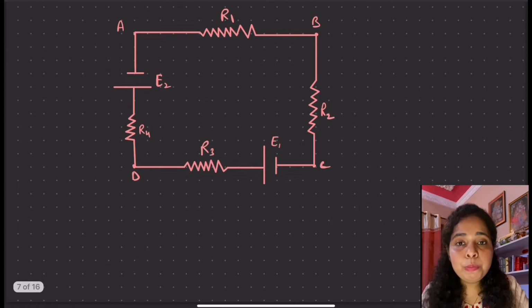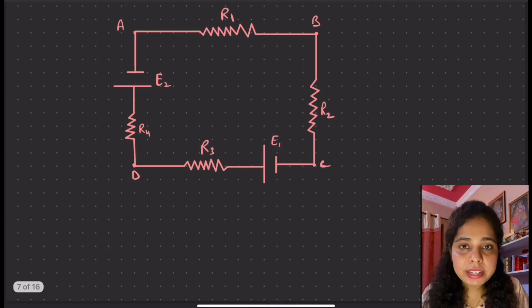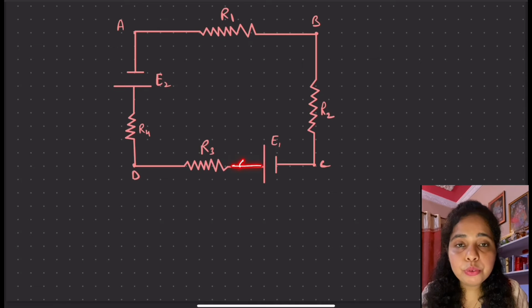So in this loop, let us say we have the cell of EMF E1. We know current starts flowing from the positive terminal of the battery and goes to the negative terminal.